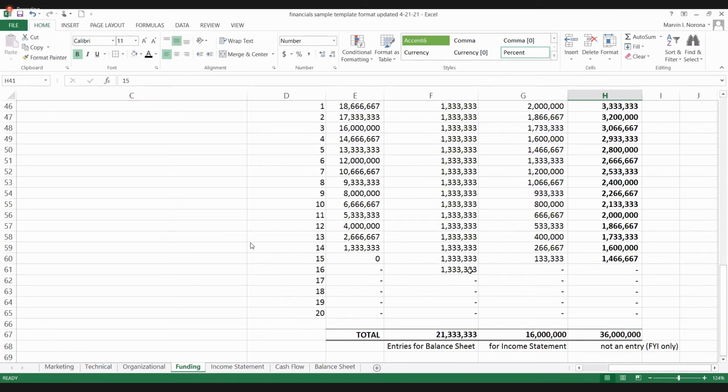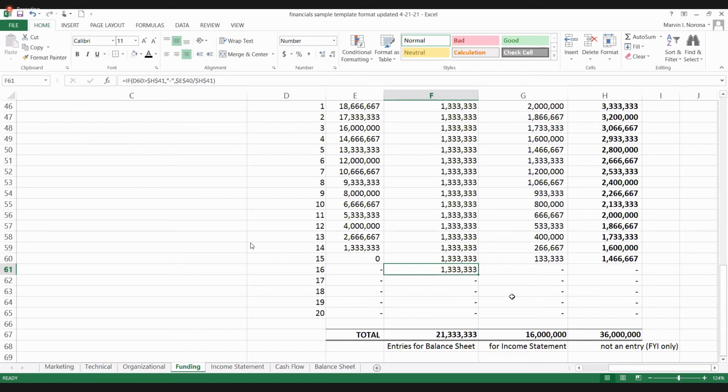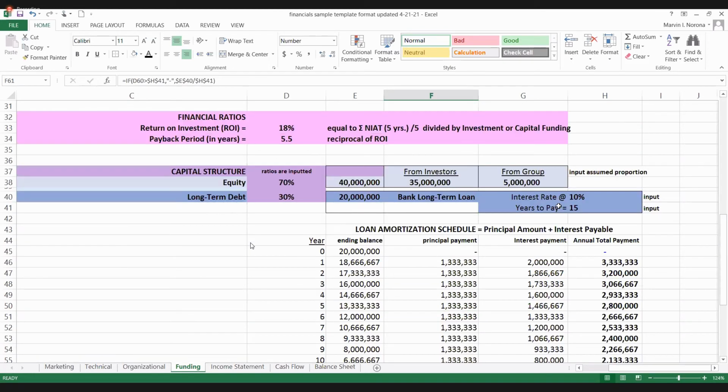Bakit nagkaroon ng laman to? Dapat wala nang laman to kasi year 16 to. Dapat 15 years to pay. If D60 greater than H40.